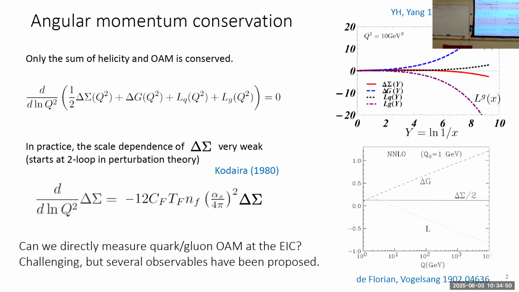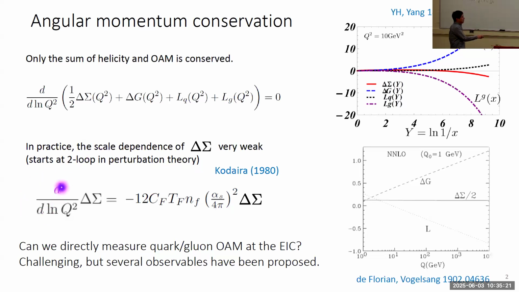It vanishes at one loop, and it only starts at two loops. This was a very old result by Kodaira. So this is the evolution equation, with alpha_s squared. This is a two-loop anomalous dimension, and alpha_s over pi is about 0.1, and you have 16 in the denominator, which cancels this 12, and then you see this number is like 0.01. So it's a very weak scale dependence.